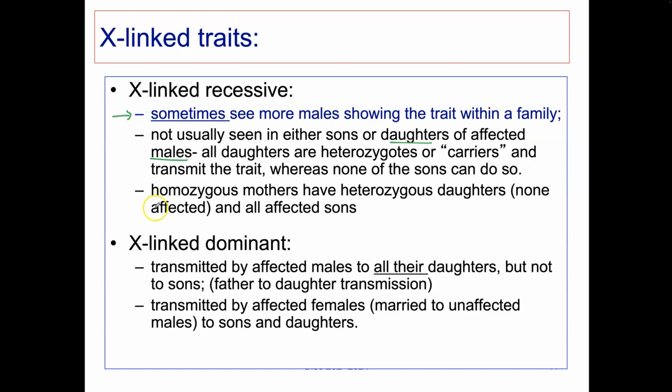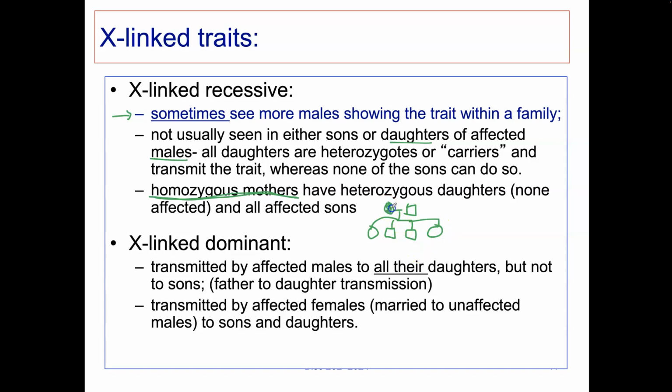And so, if you have a mother who's got the trait, this is a really badly drawn pedigree.